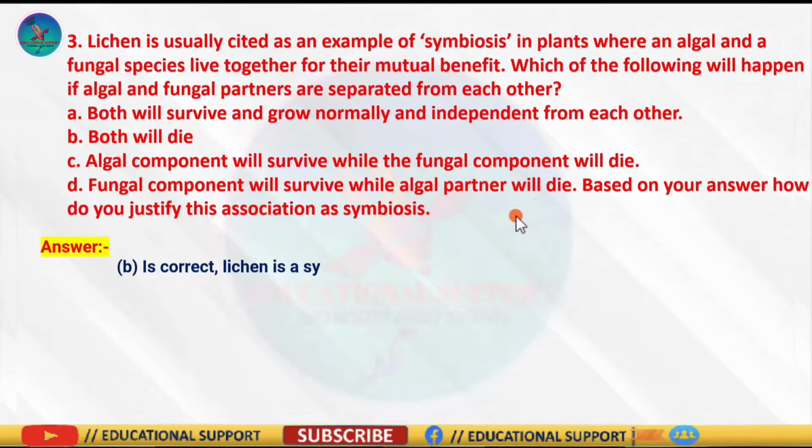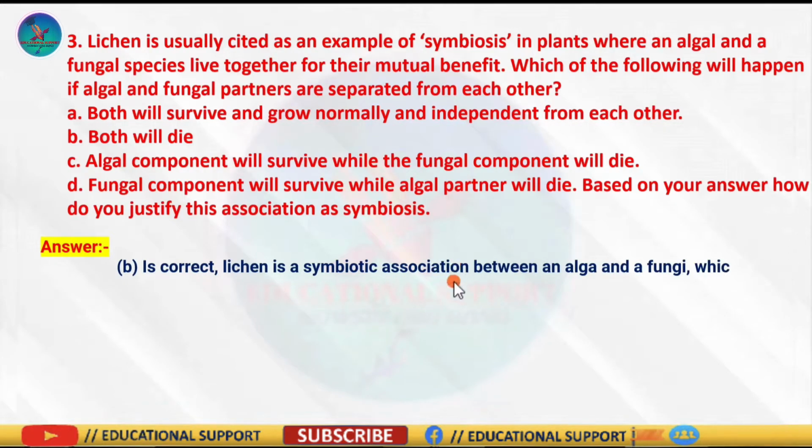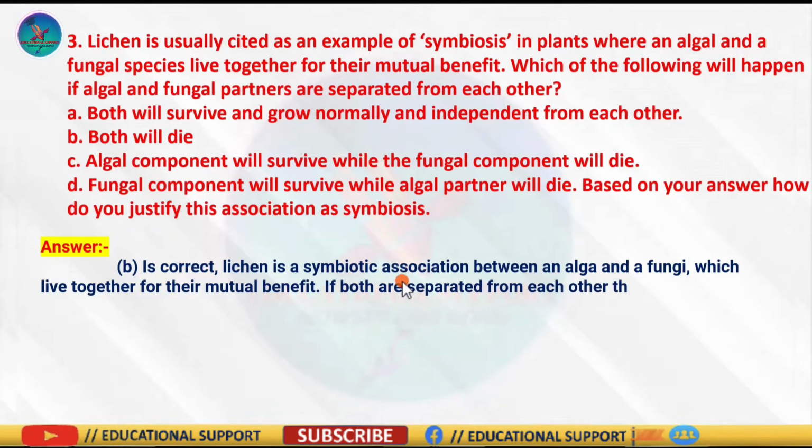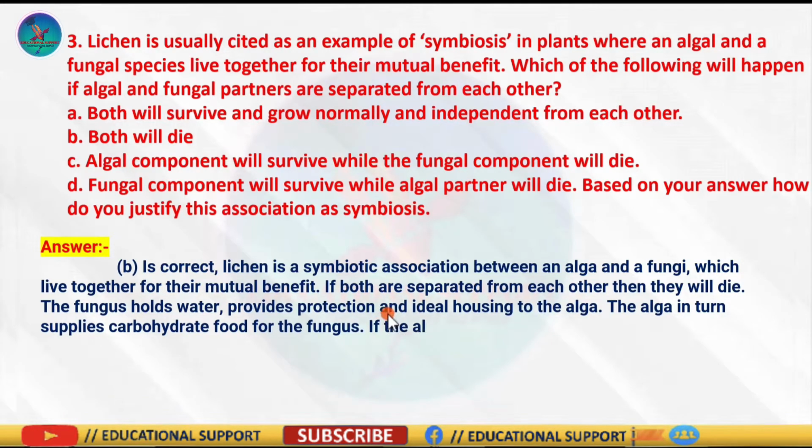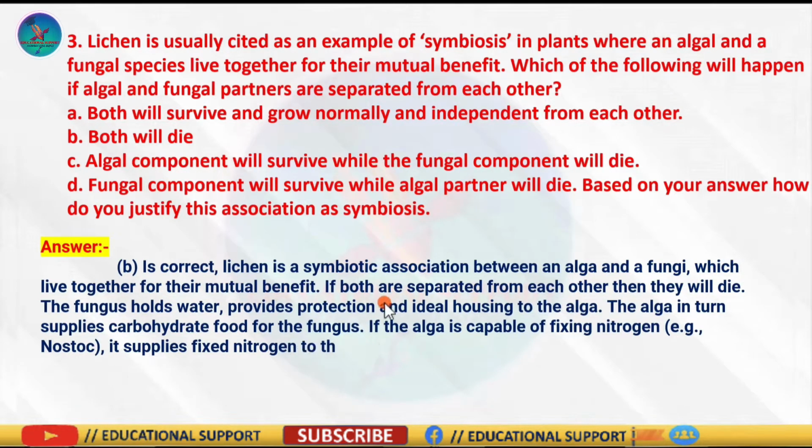Lichen is usually cited as an example of symbiosis in biology, wherein a fungal and an algal species live together for mutual benefit. The algal component synthesizes food through photosynthesis, which is utilized by the fungal species for its survival. The fungal component in return provides shelter and waste products that are consumed by the algal species.